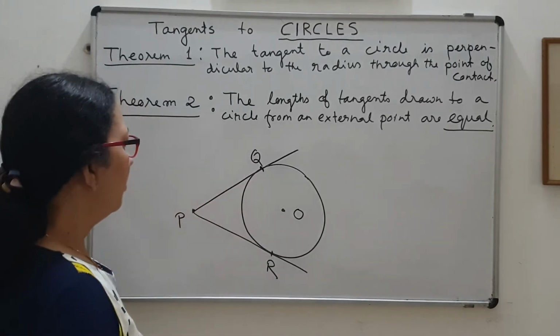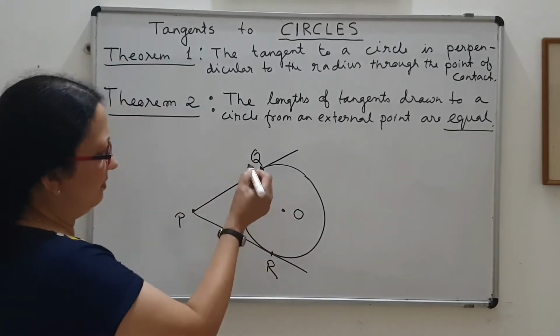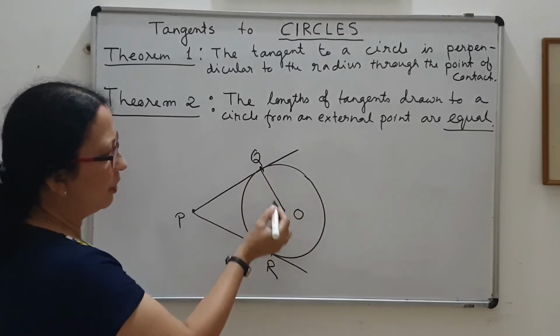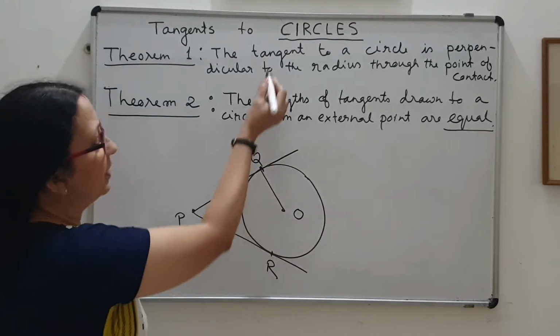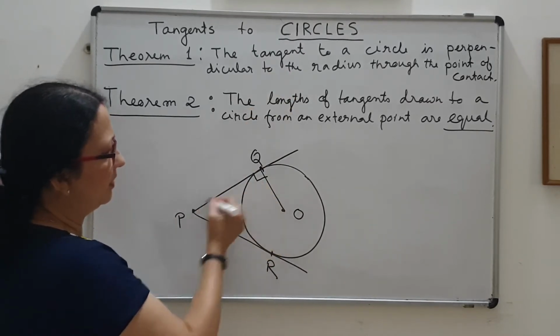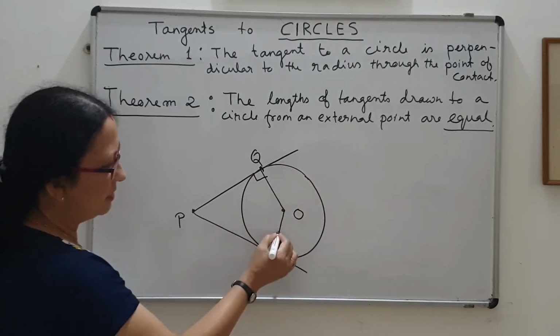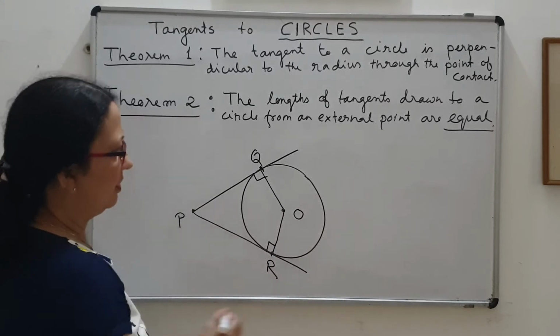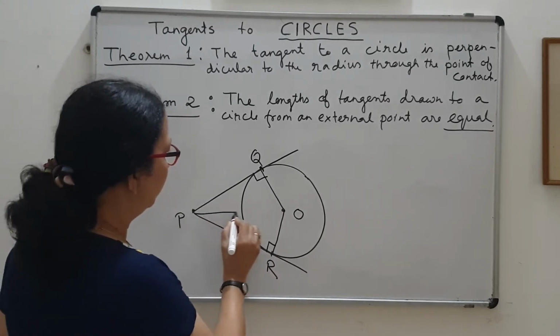Now this proof can be given in a very simple way. You see, what we do, we join the point of contact with the center, and by the first theorem, this is the radius to the point of contact, so it will be perpendicular to the tangent. Similarly, this is also radius to the point of contact, so it will be perpendicular to the tangent. Then what we do, we join this.